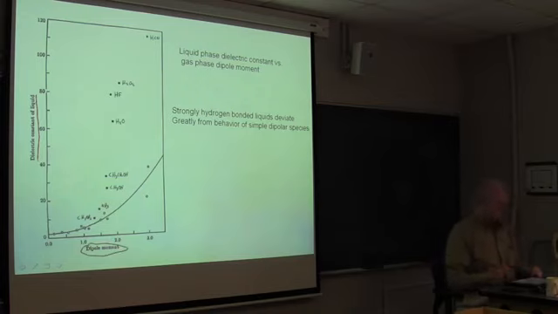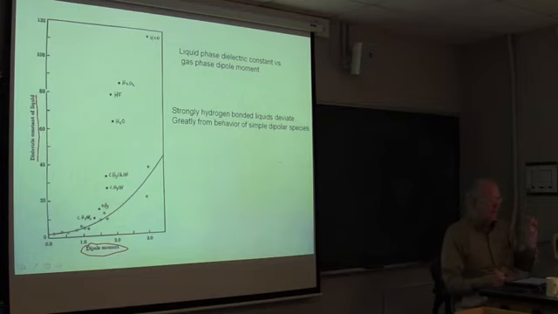The dipole moment is a gas phase property. It's a property of individual molecules in the gas phase. The dielectric constant is a property of the molecules in the liquid state when they're much, much, much closer together. For simple, non-hydrogen bonding liquids, there's a nice regular relationship shown by the open circles between the dielectric constant of the liquid and the dipole moment of the gas.